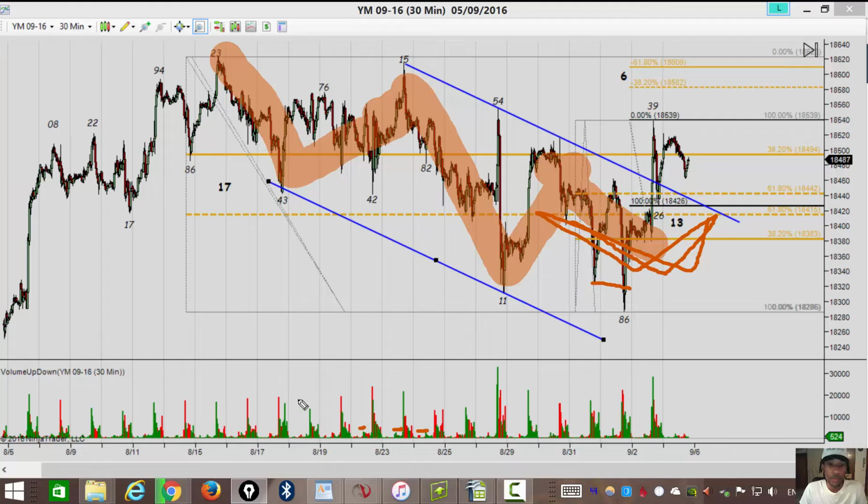But if you look at the volume as a mass rather than the individual spikes, you'll see that towards the end of this range, the volume started to drop off towards the end of this channel. So the volume's going down, and then this spike here coincides with the break here.